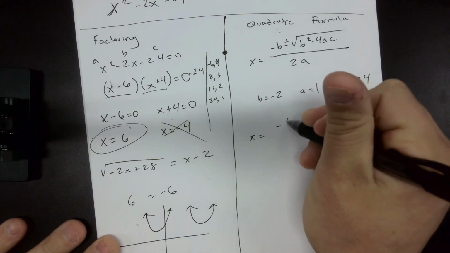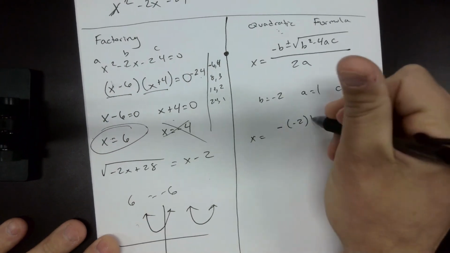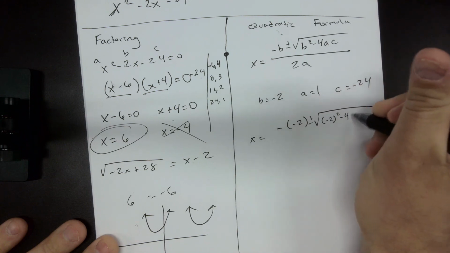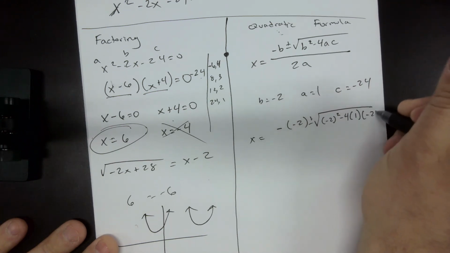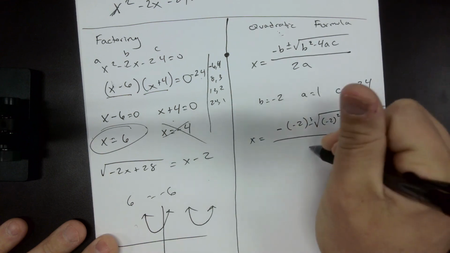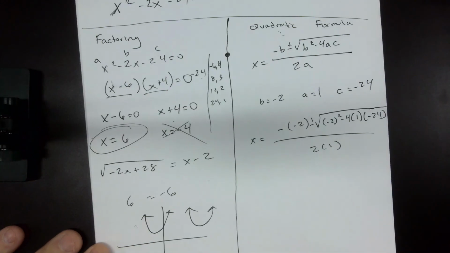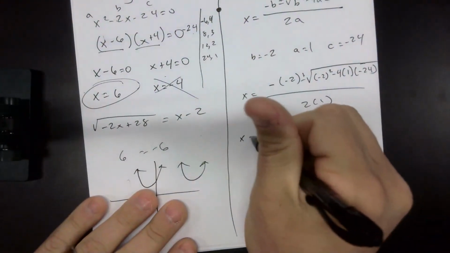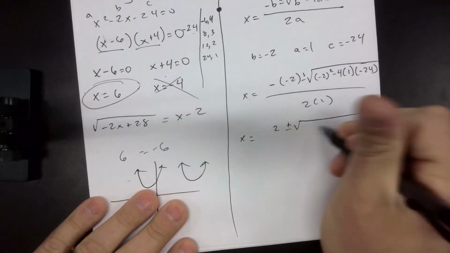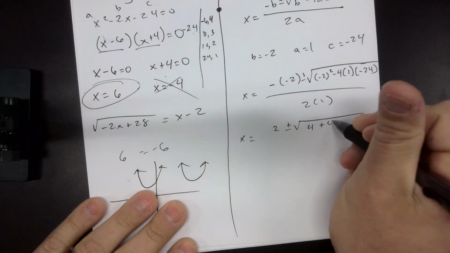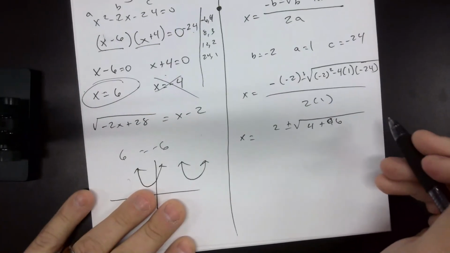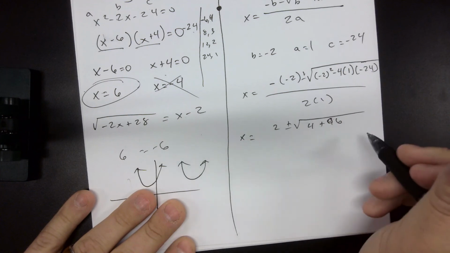So negative B, which is negative of a -2, plus or minus the square root of B squared minus 4 times A times C, all over 2A. X equals 2 plus or minus the square root of 4 plus, is that 96? 4 times -24, yeah?